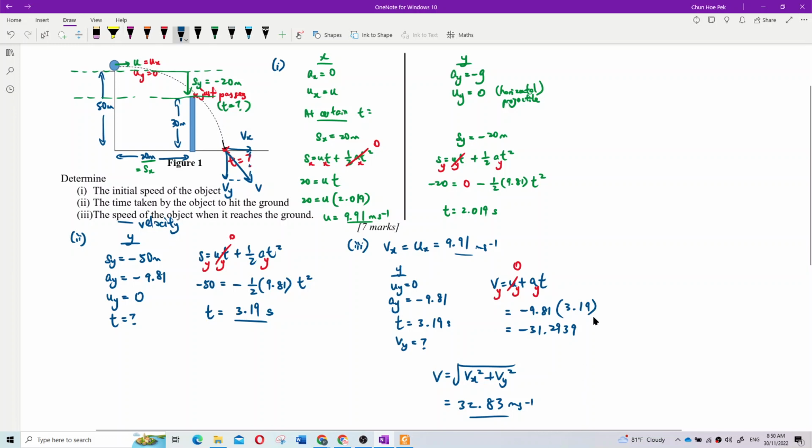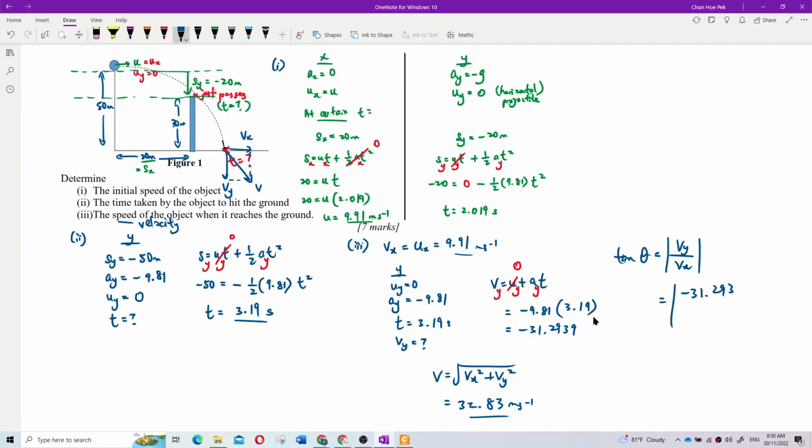If the question asks for velocity, then you need to do tangent theta equals Vy over Vx. So what is Vy? Negative 31.2939, over what is the Vx? 9.91. So theta equals, let's do it, 31.29 over 9.91, and then anti-tangent.